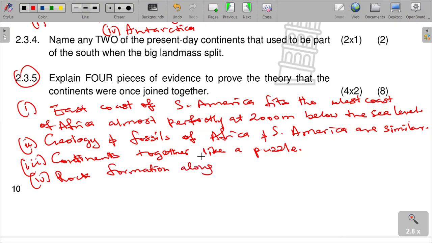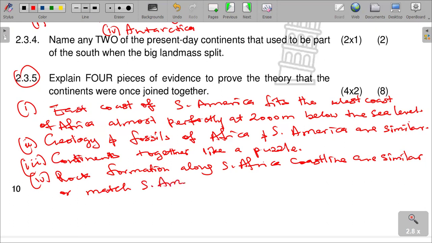The rock formations along the South African coastline are similar to or match those along the South America coastline.